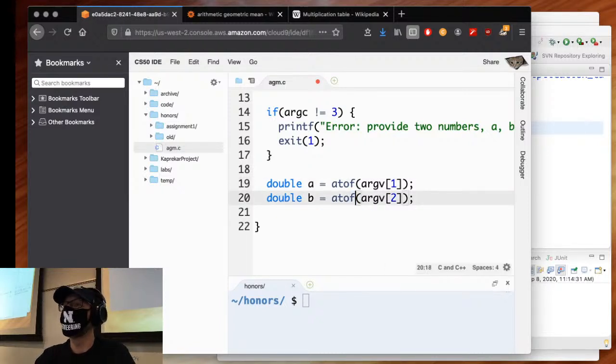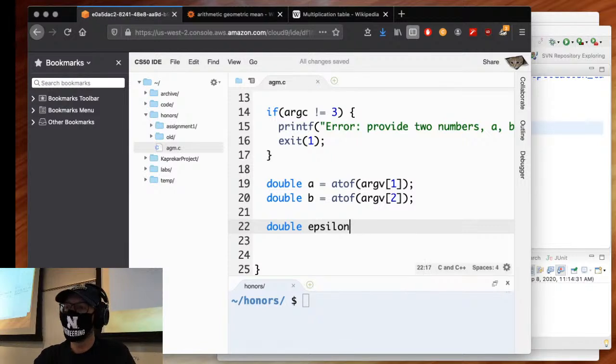atof, okay? Let's go ahead and define an epsilon for now. Epsilon. We'll go ahead and hard code it to be 0.001. In other words, when they converge so that they're within 1/100th of each other, then we'll stop. That's close enough, right?